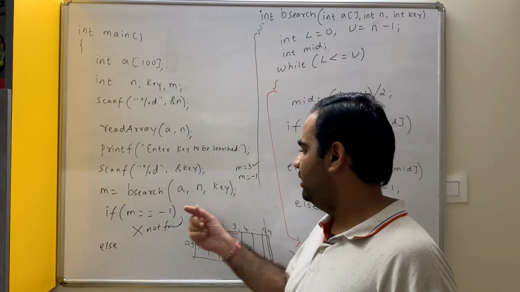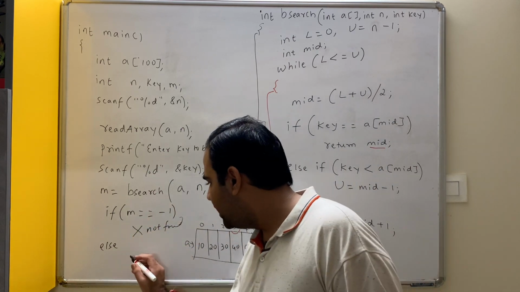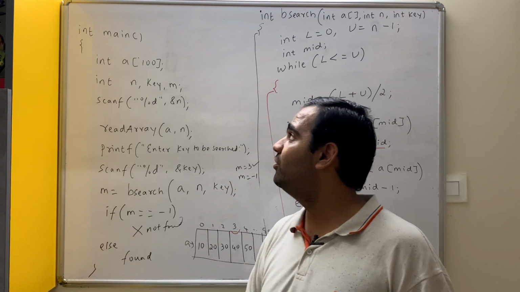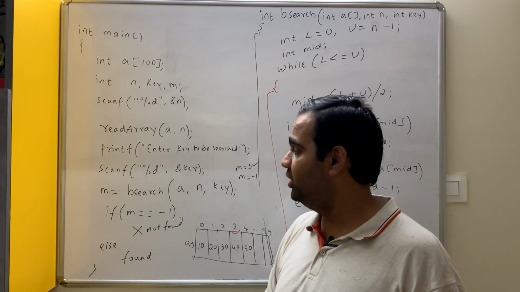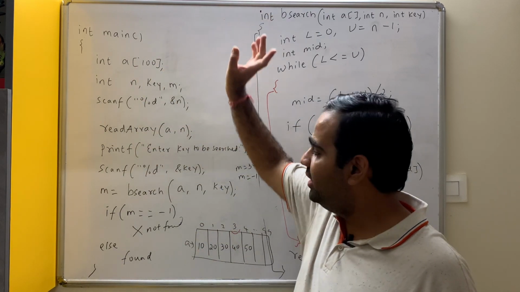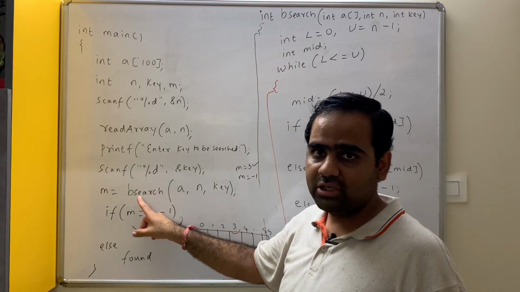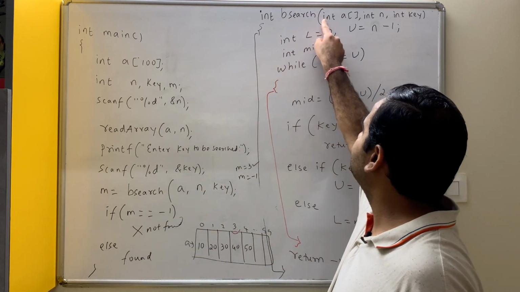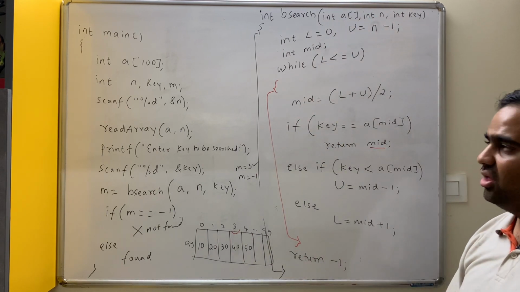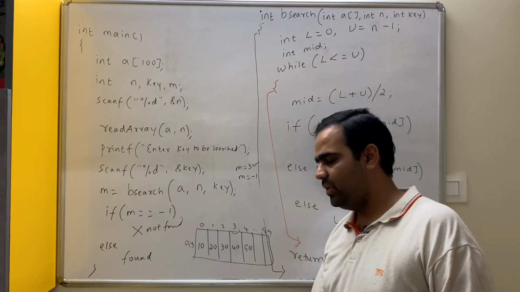It will be 3. 3 equal to minus 1, no, it means the value of key is found and we stop the procedure. Write the prototype for read array, void read array int star comma int, and binary search, bsearch, int, integer one dimensional array, integer n, integer key, and this becomes the code for the binary search.